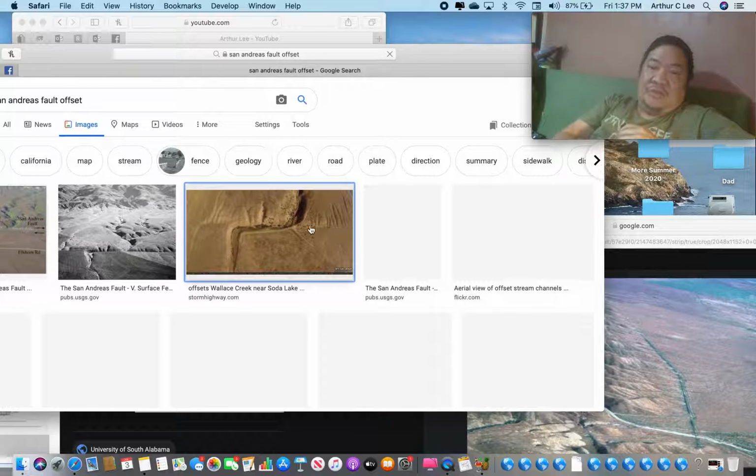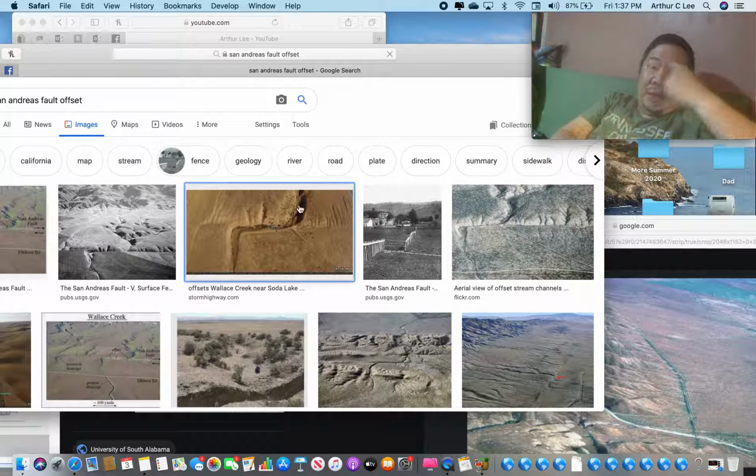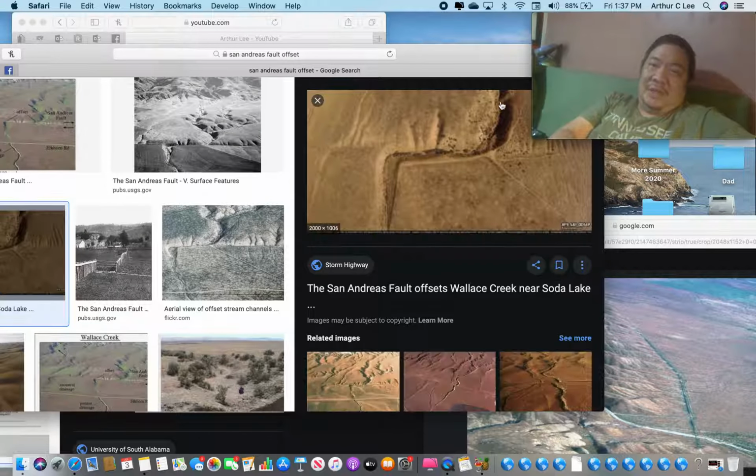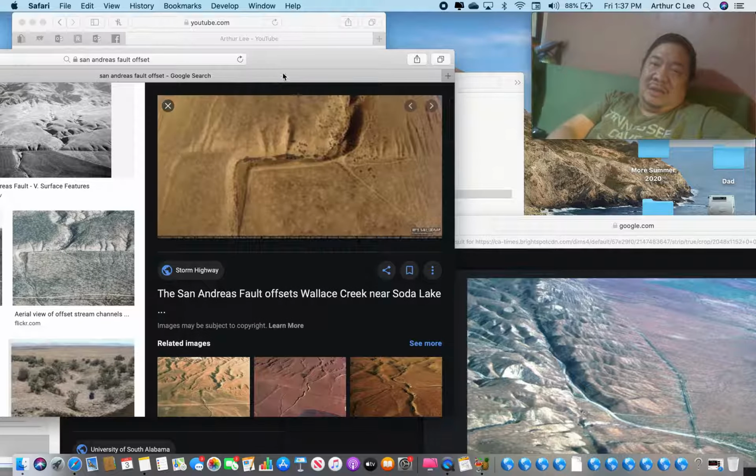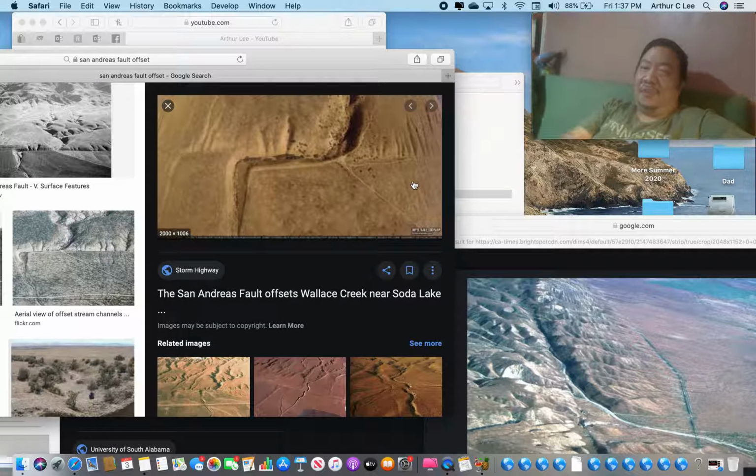Here's the San Andreas Fault. This creek here used to flow in a straight line, but now it's flowing on this side over here and this side over here. Here's the fault, and that's the same creek. Is it a right lateral or a left lateral strike slip fault? Think about it. It's a right lateral strike slip fault.